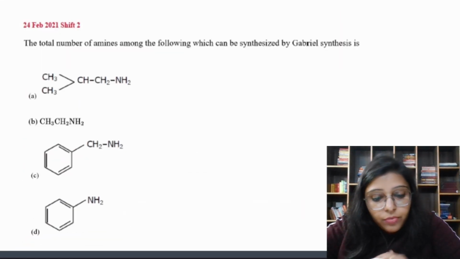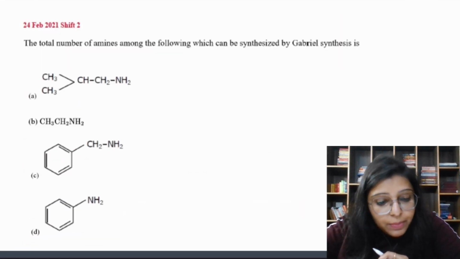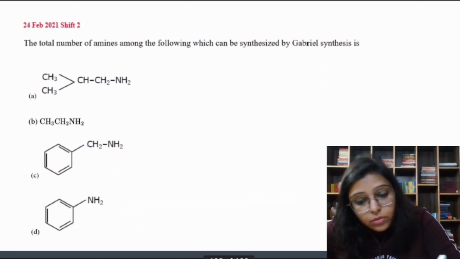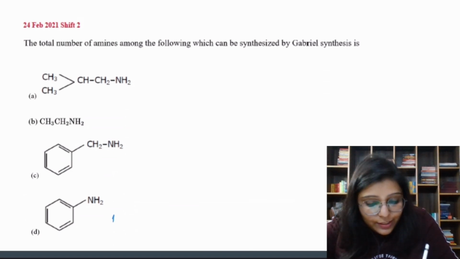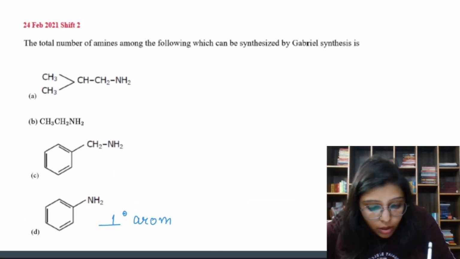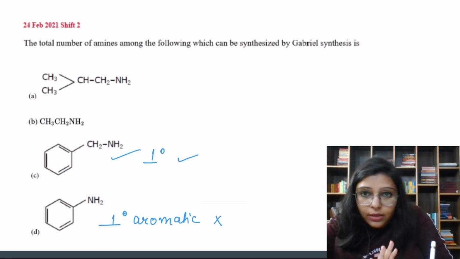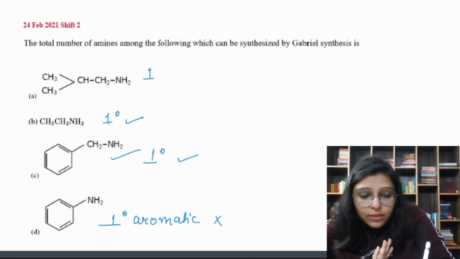Now next question. The total number of amines among the following which can be synthesized by Gabriel phthalimide synthesis. Obviously 1 degree, right? So this is 1 degree aromatic. No. This, yes, 1 degree. This is 1 degree. Yes. This is 1 degree. Yes.